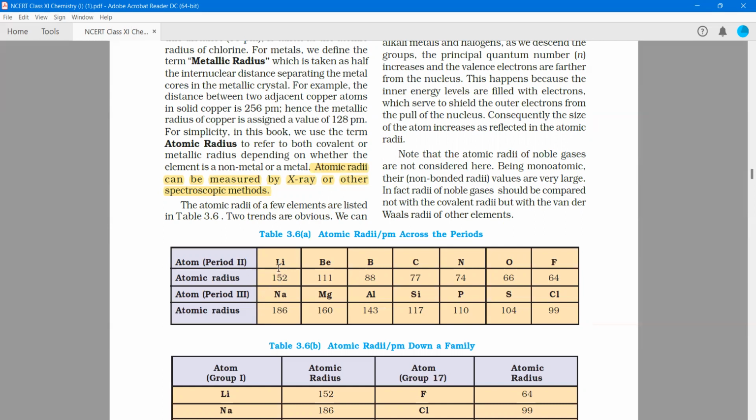But when you go down the group, you're adding a lot of electrons, and the thing is that you're adding one more shell. That will increase the distance between the last electron and the nucleus. That is why the overall radius of the element increases.